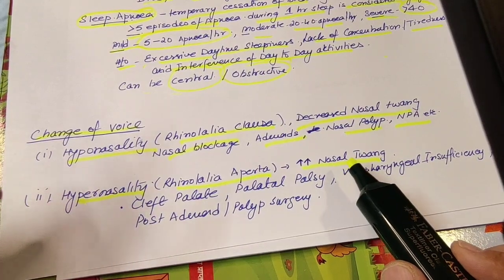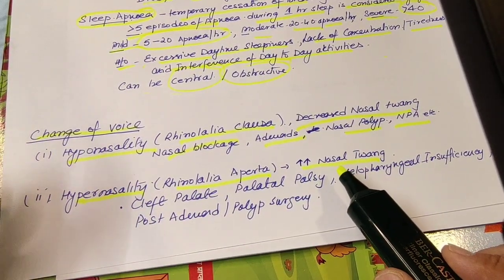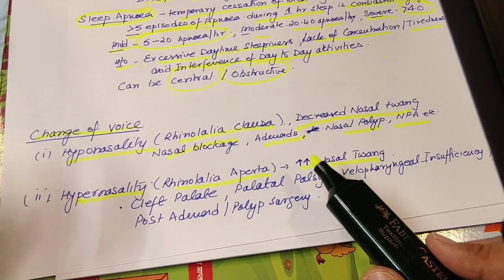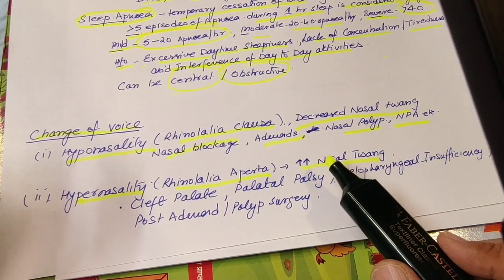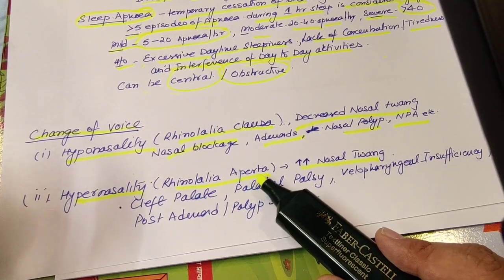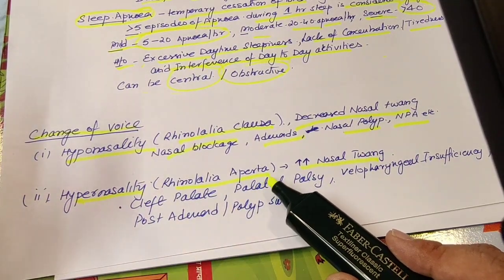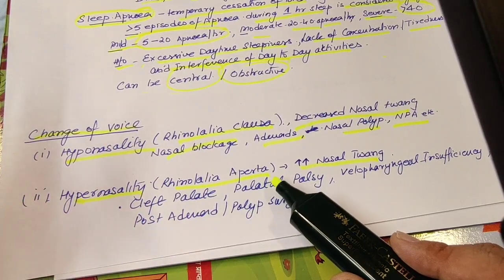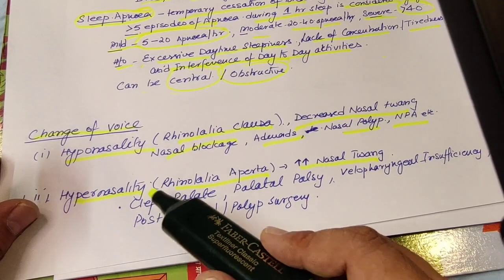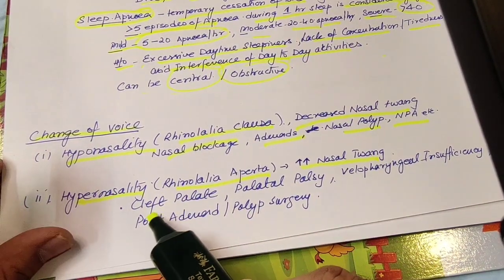You might have found it can be the natural tone of some people, singers like Mukesh and all used to sing in a nasal tone. So that does not mean that they had rhinolalia aperta, but it can be physiological also, or it can be pathological also, and pathological conditions are what we are concerned with.